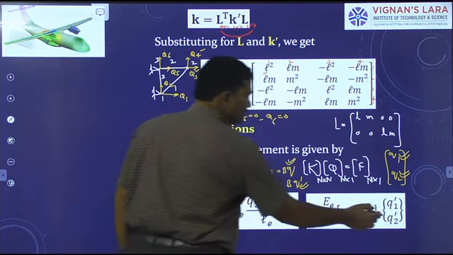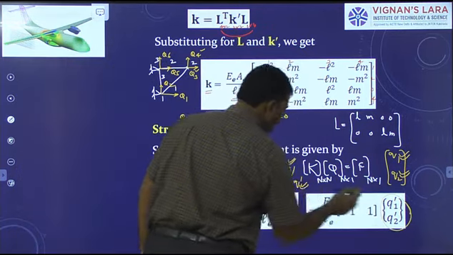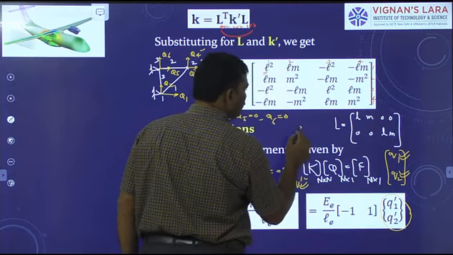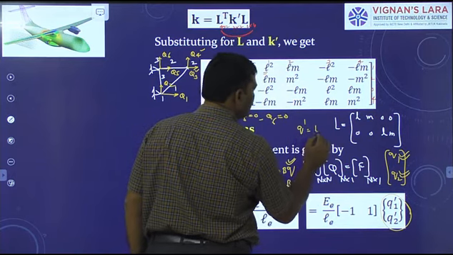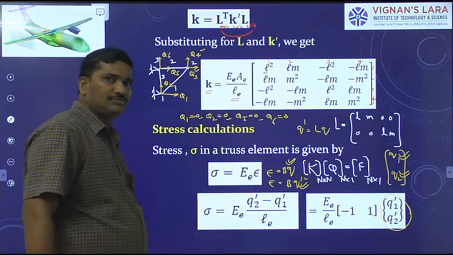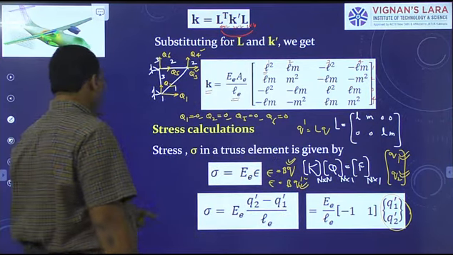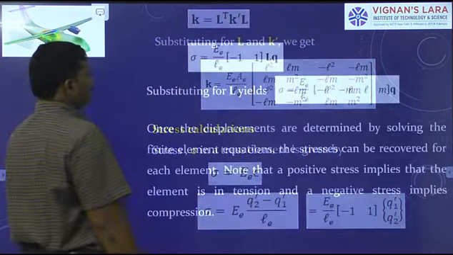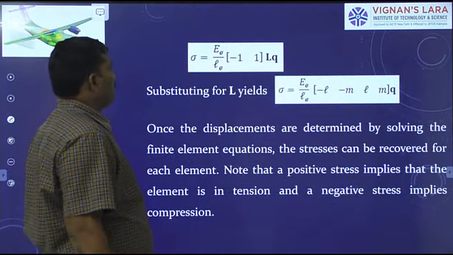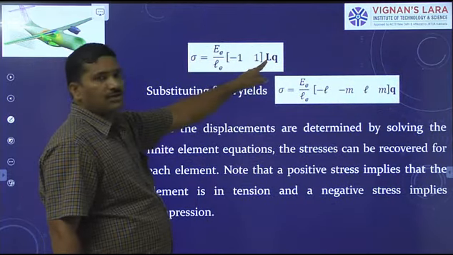This is the matrix representing Q dash. But we know that Q dash equals LQ. Then what you get? That we see. Q dash equals LQ.